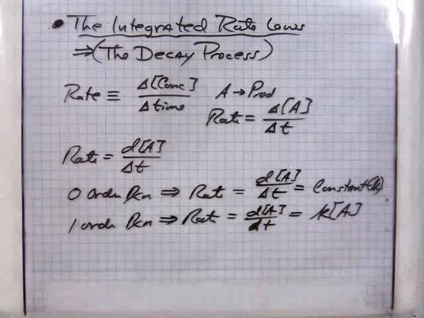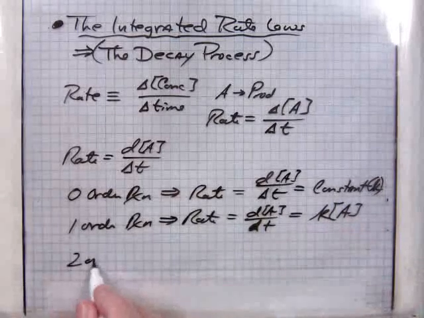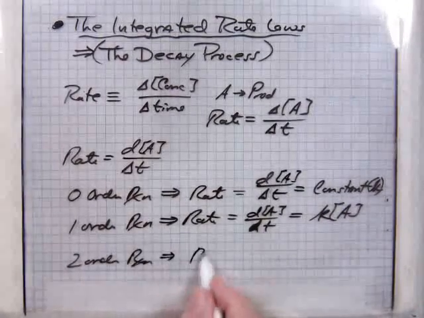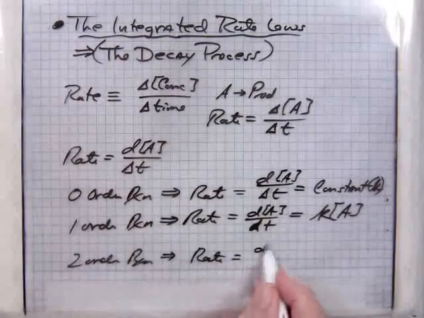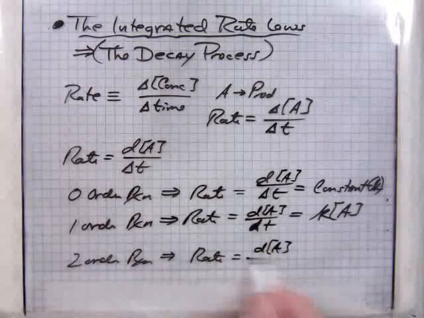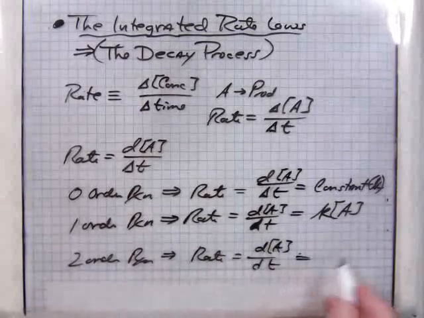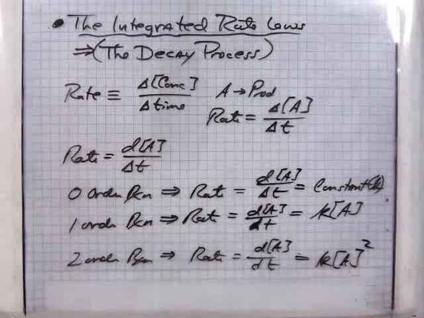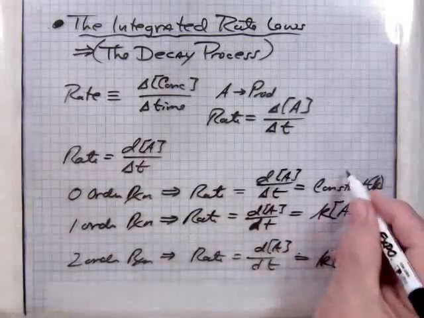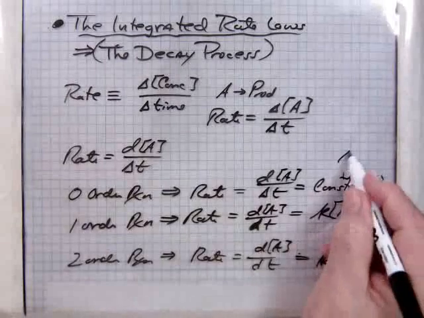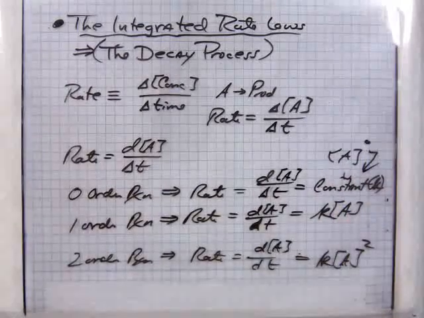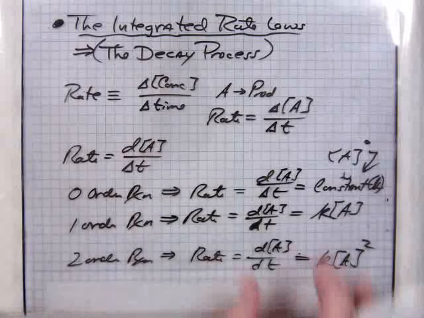And a second order reaction would have A squared: rate equals dA over dt equals K A squared. The zero order one would of course be A raised to the 0 power, which gives you a constant. So these are your setups.